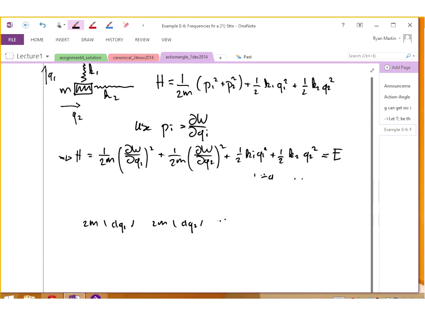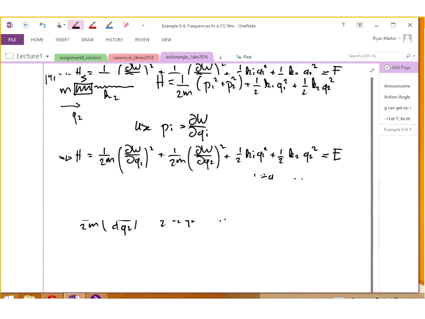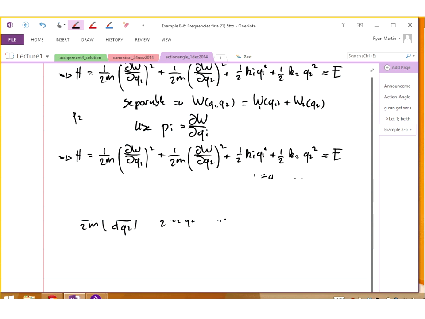And then similarly, for the other degree of freedom, 1 over 2m (dW2/dq2) all squared plus a half k2 q2 squared equals alpha 2. All right, that's just recognizing the fact that I have the sum of two things that don't depend on the same variables equals a constant. So those two things must individually be constants.